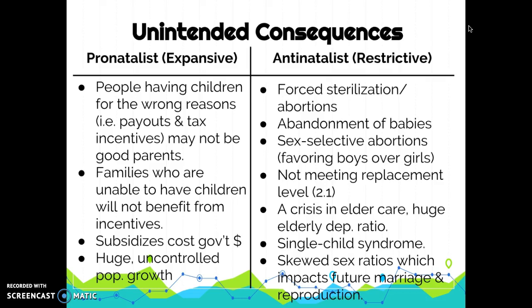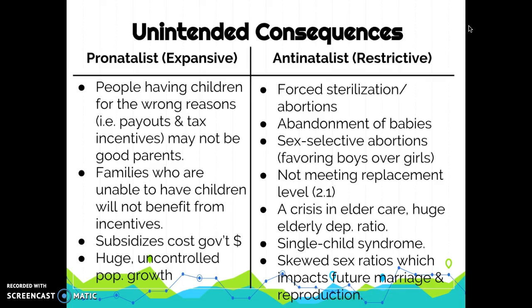So we actually have a massive amount of boys in countries like India and China because these sex-selective abortions happen so frequently that there are missing girls that should have been born that weren't.